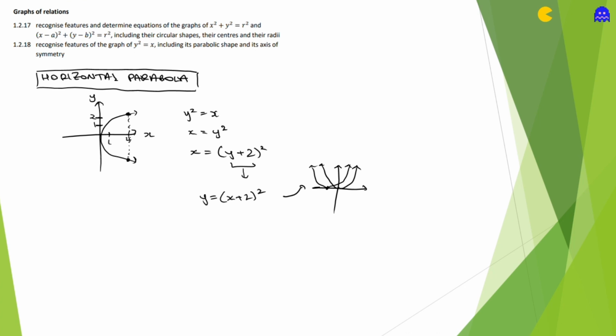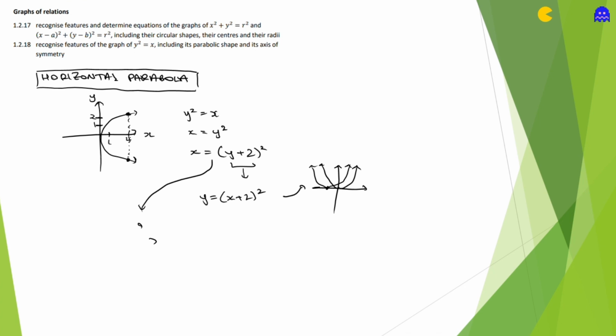Similarly, we have our initial graph y squared equals x, and y plus 2 squared equals x, shifting over in the negative y direction by 2 units. Okay?